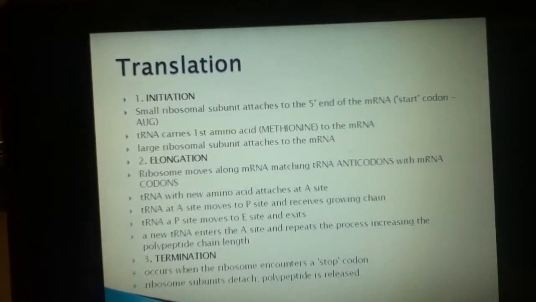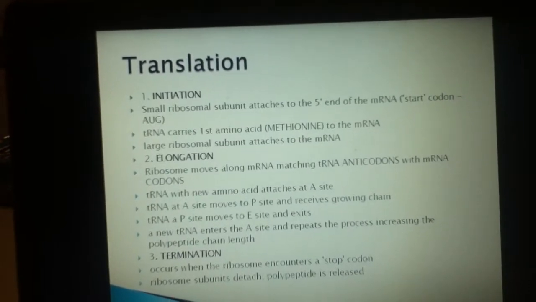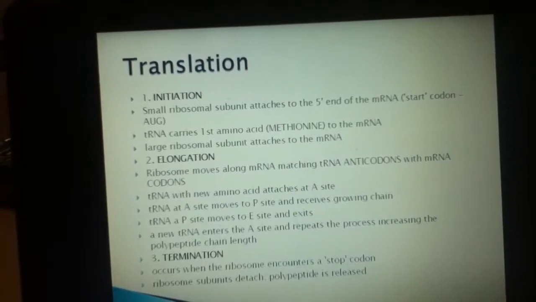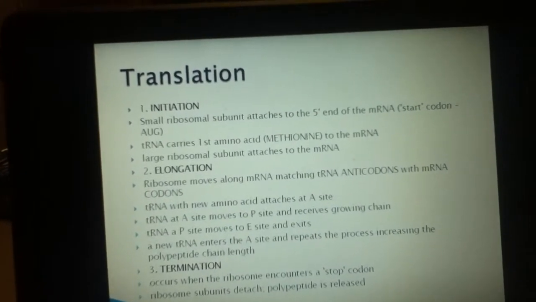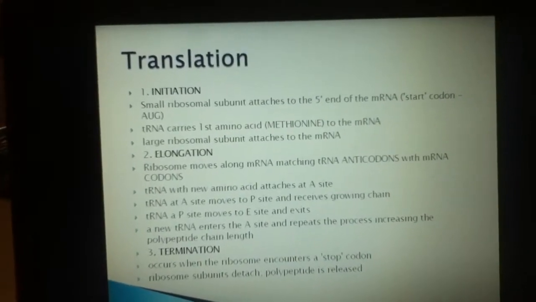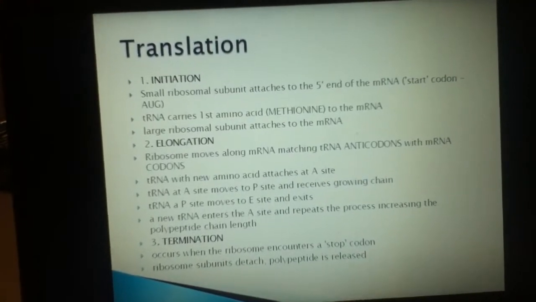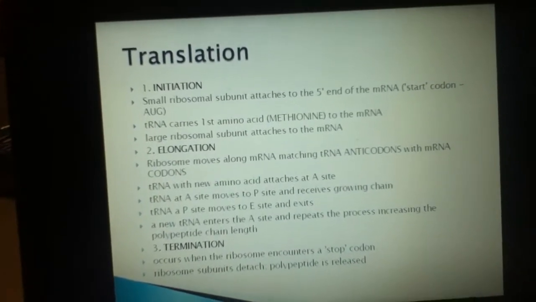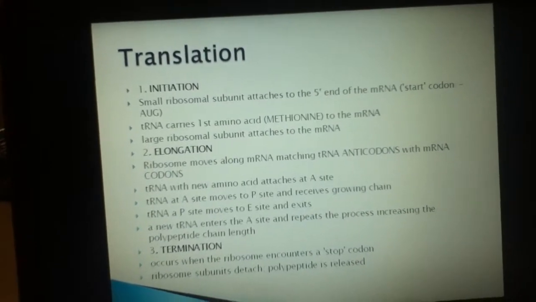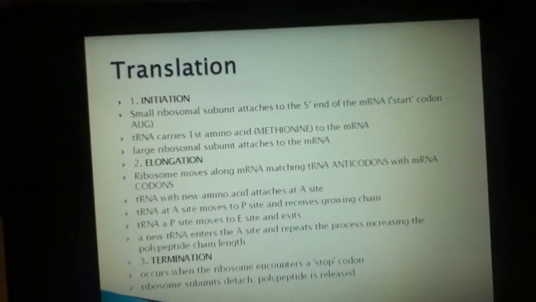Elongation, ribosome moves along the mRNA attaching tRNA's anticodon with the mRNA codon. tRNA then attaches with the new amino acid at the A site, then adds the amino acid to the growing polypeptide at the P site. Before exiting at the E site, a new tRNA enters the A site and repeats the process.